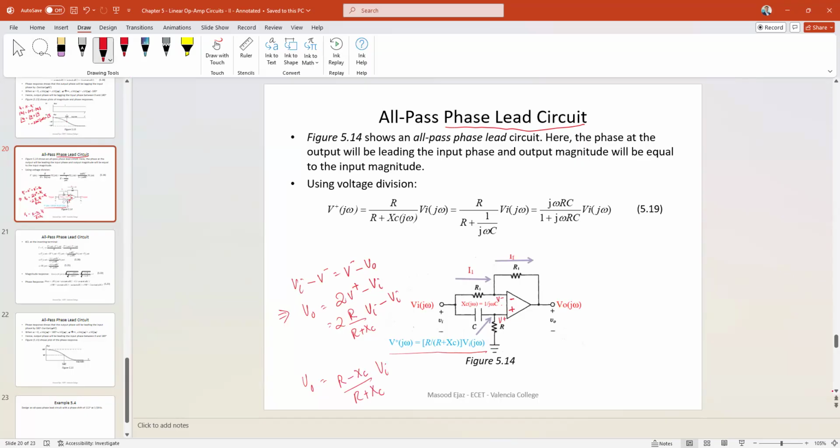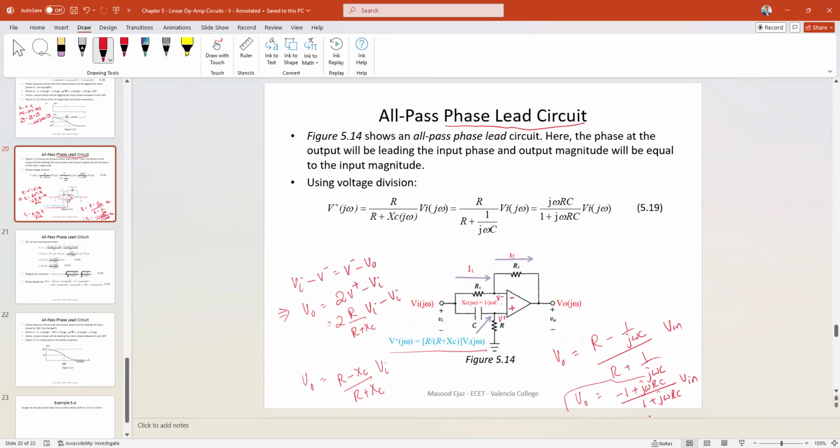And once again, XC is 1 over j omega C. Substituting, this will give us V out to be negative 1 plus j omega RC over 1 plus j omega RC times V input.